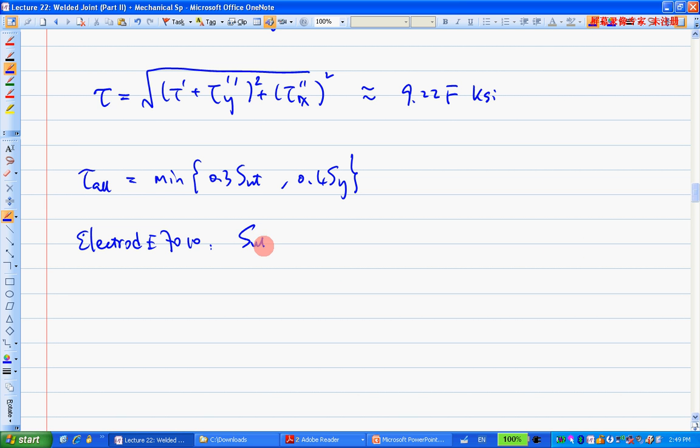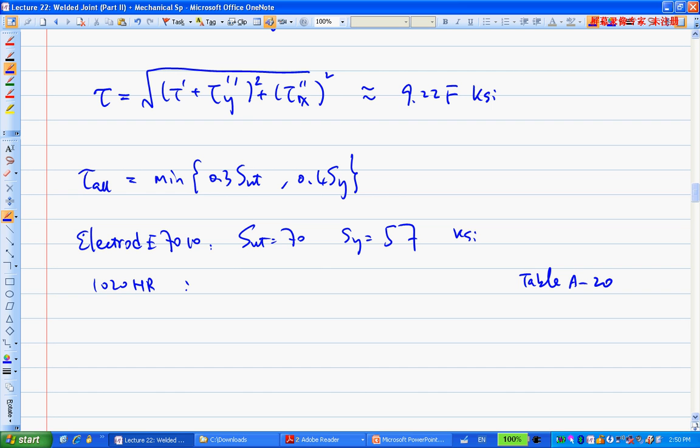So SUT is 70, SY is 57. The unit is KSI. Then bar 1 is 1020 hot roll, so you have to look at table 8-20.